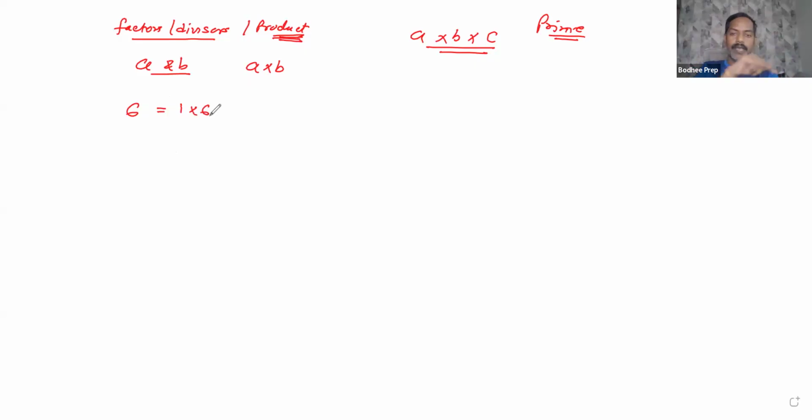Why am I writing this? Because anything multiplied by 1 is the same, because when we multiply something with 1, it is neither increasing nor decreasing it, right? So 6 can be written as 1 into 6. We can also write it as 2 into 3. Correct? There are various ways wherein I can write a product of two numbers which is equal to 6.